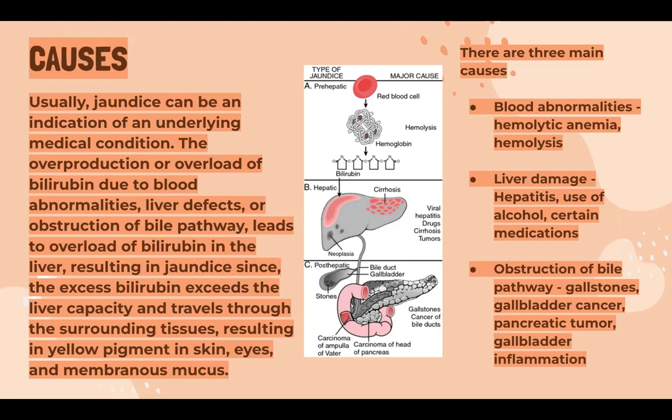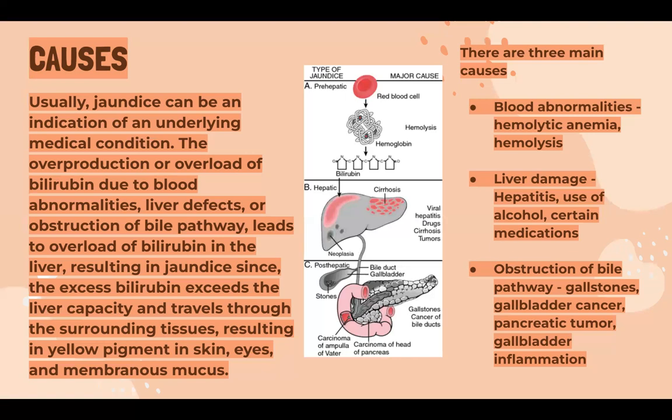So the three main causes: first one could be blood abnormalities, and conditions such as hemolysis or hemolytic anemia can contribute to overproduction of bilirubin. Second, liver damage, which can disrupt bilirubin metabolic processes, caused by hepatitis, use of alcohol, certain medications.